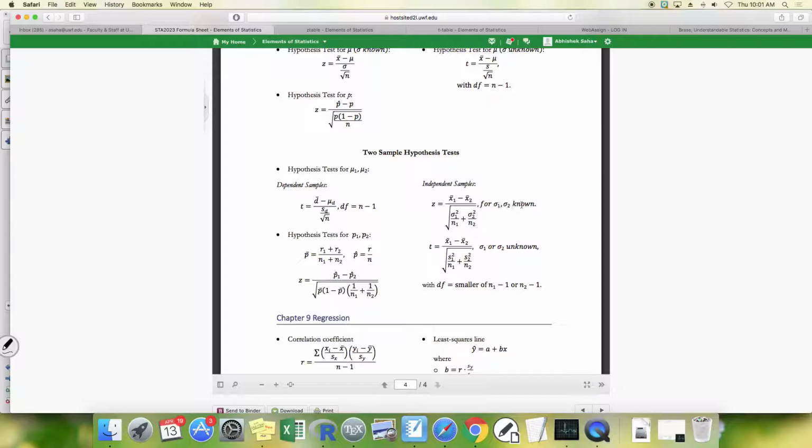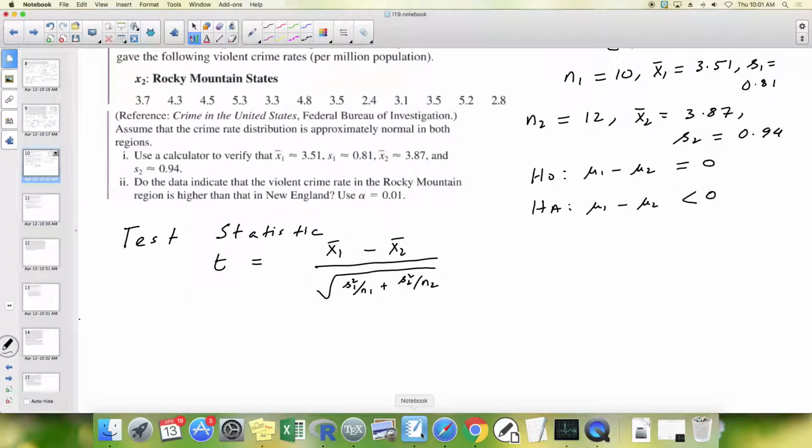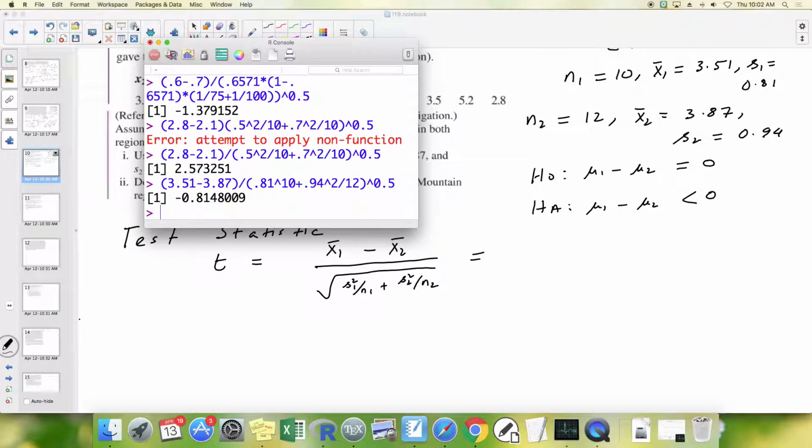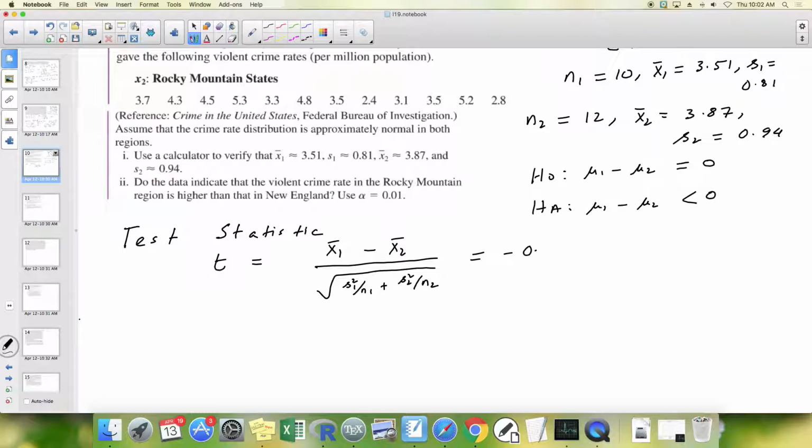This is the formula I'm talking about. So minus 0.8148. All right.